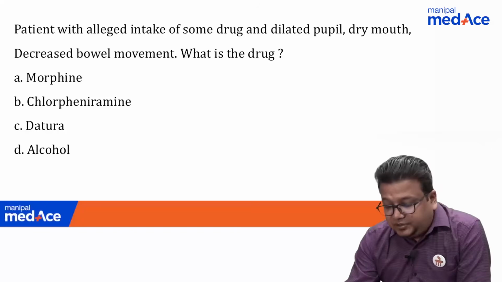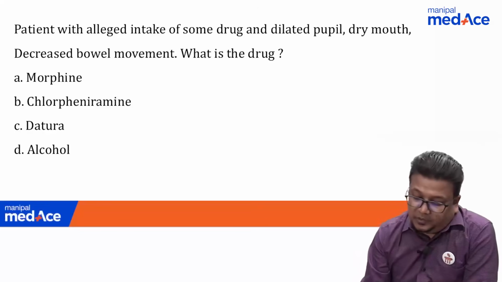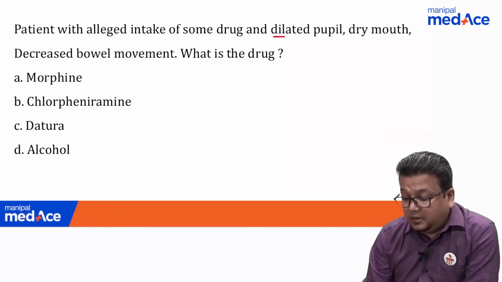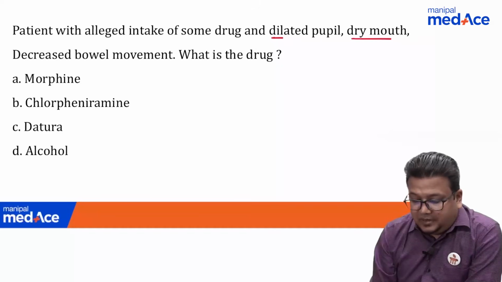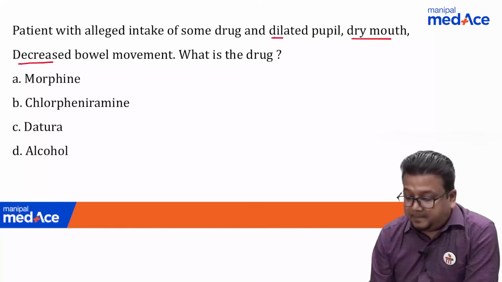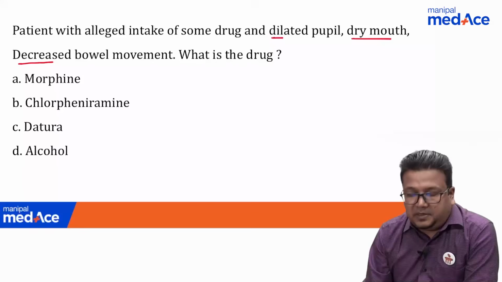Patients with alleged intake of some drug and dilated pupil, again we have dilated pupil, but along with dry mouth and decreased bowel movement. What is the drug? Again, a question which has been repeated many times.